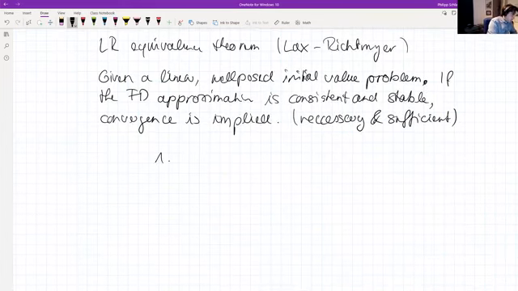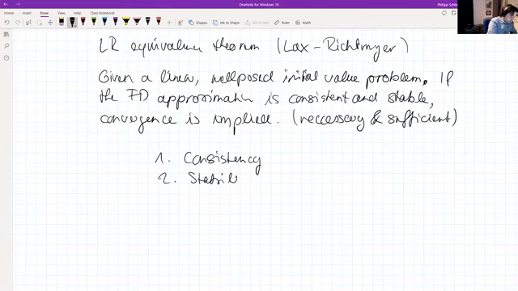So just to write it down, if we have consistency and we have stability, then we get convergence.